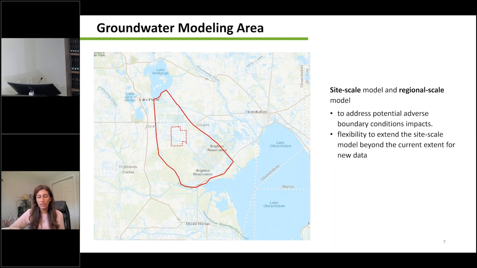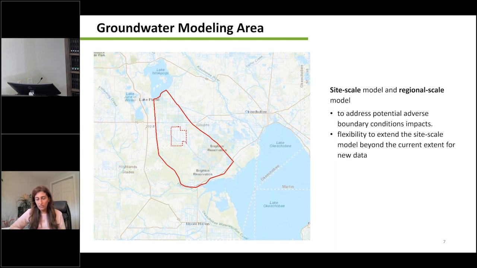The site scale model is selected and limited to Buck Island Ranch based on the availability of data, which is 4,200 hectares, and it's located in Highlands County, and is approximately the same distance from Lake Istokpoga, Lake Placid, and Lake Okeechobee.